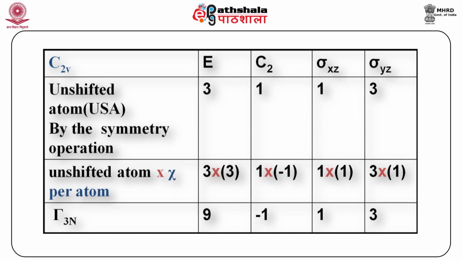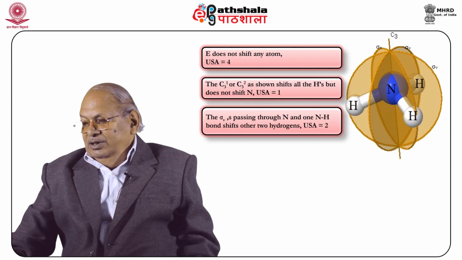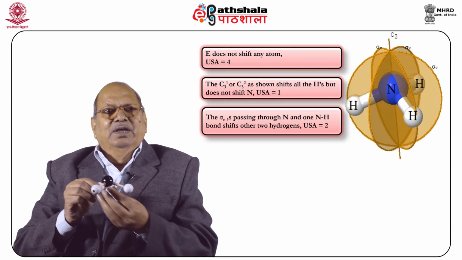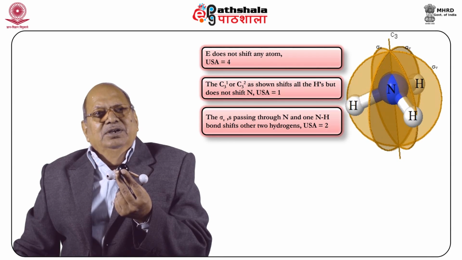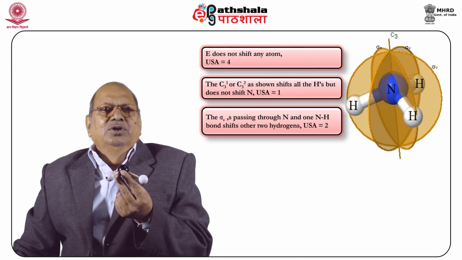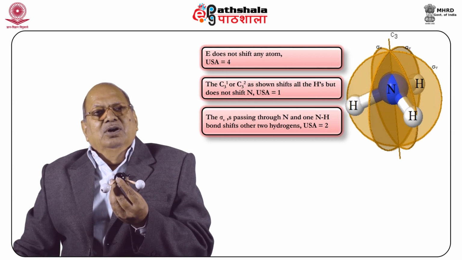This is the example of the water molecule. Let us take another simple example, that of the C3v point group. Now this is my C3v point group. How many symmetry operations do you have? E, C3^1, C3^2 and 3 sigmas: sigma v, sigma v dash, sigma v double dash. Now we have to see the effect of these 6 symmetry operations.